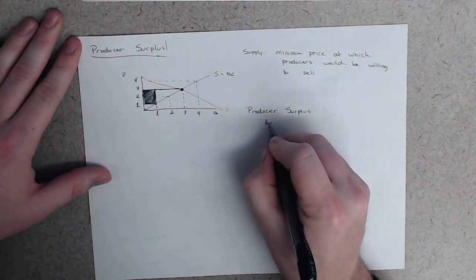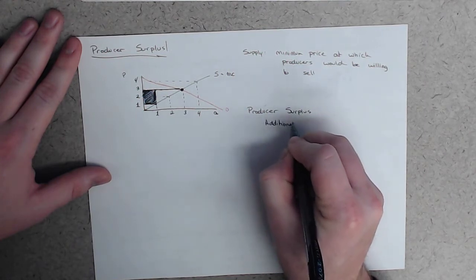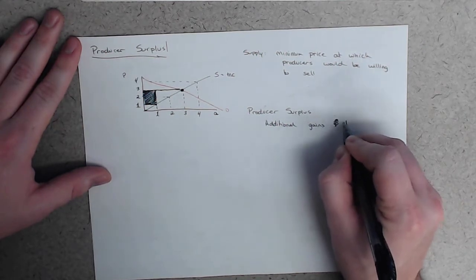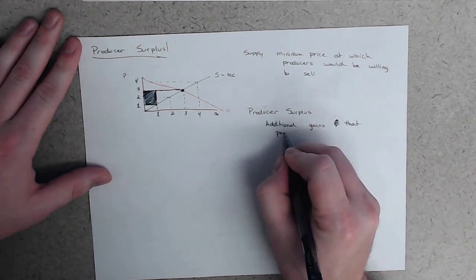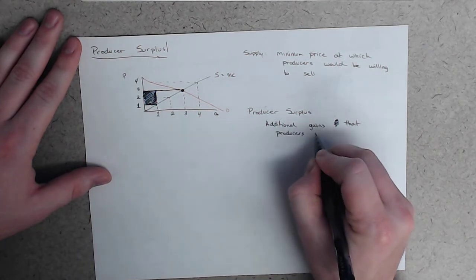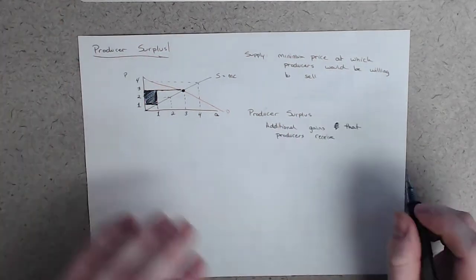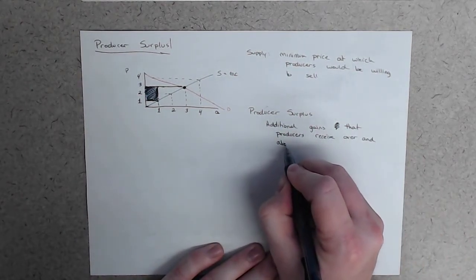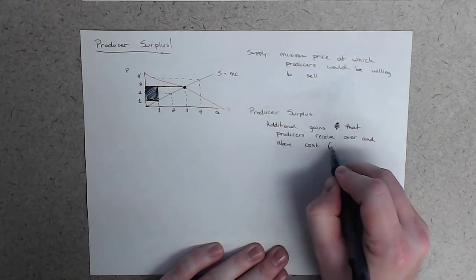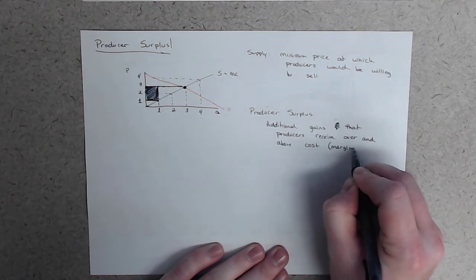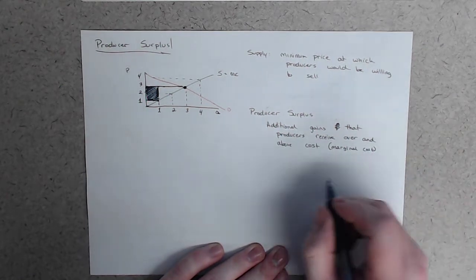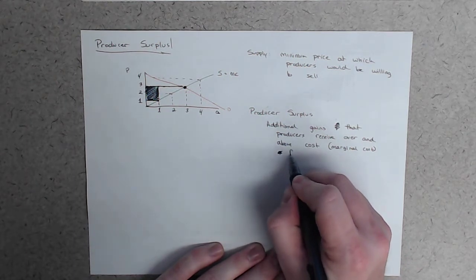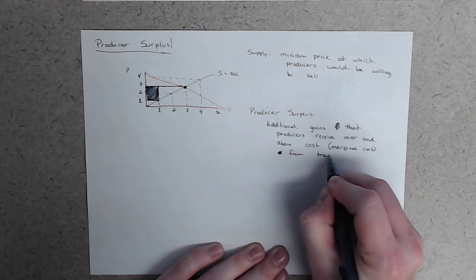It's the additional gains that producers receive over and above cost, specifically marginal cost, from trade.